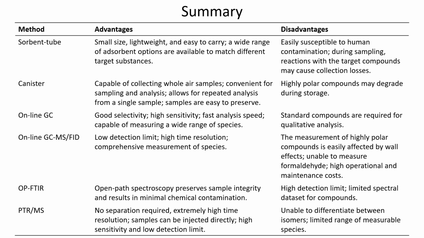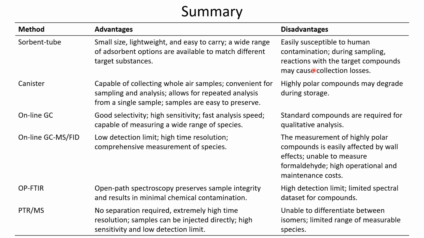So here I show some summary for the methods I introduced this time. For example, for the solvent tube method, the advantage is the size is small and very easy to carry and install, and we can detect very many kinds of VOC, maybe more than 80 kinds of VOC, by this method.